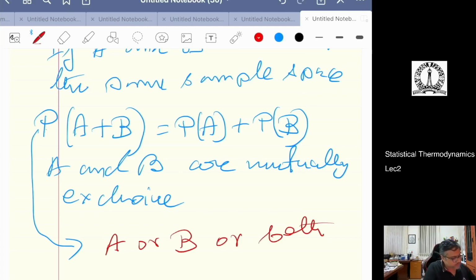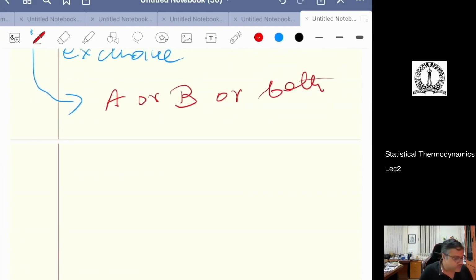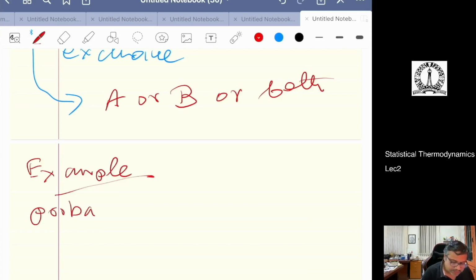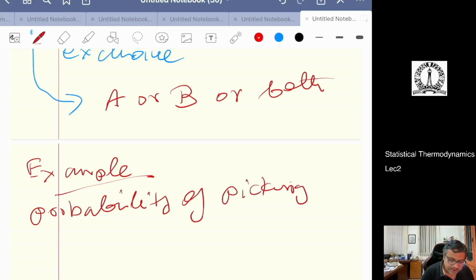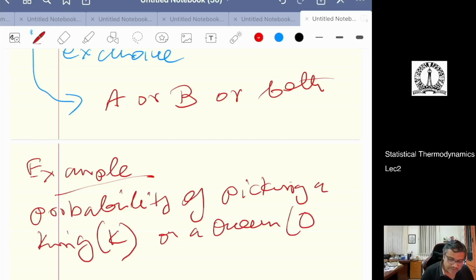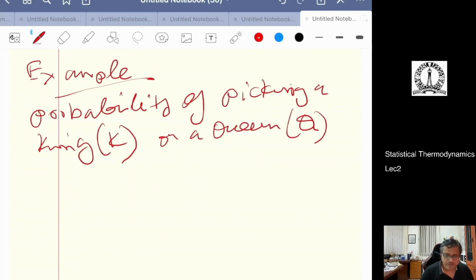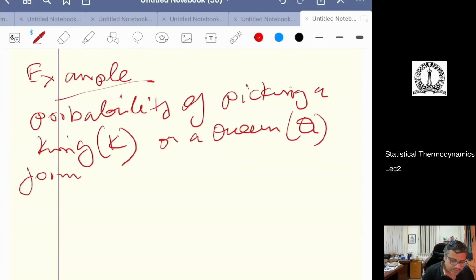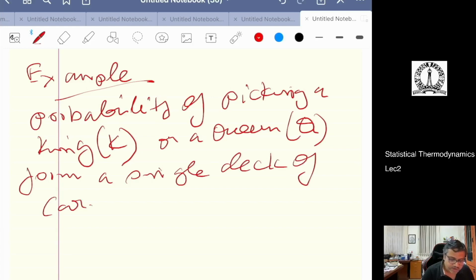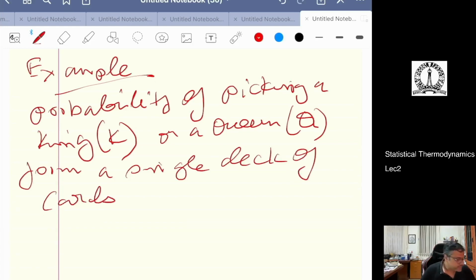Okay, so we can take an example right now. So say this is an example. Let's say the probability of picking a king, say K, or a queen Q, from a single deck of cards. Let's calculate this now.